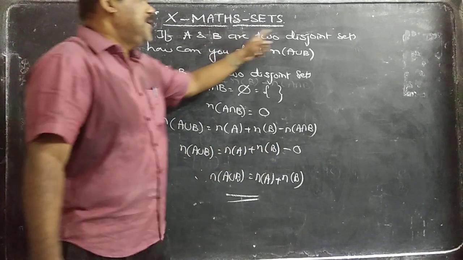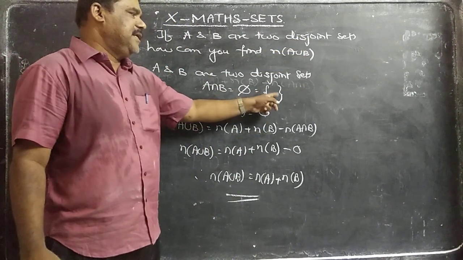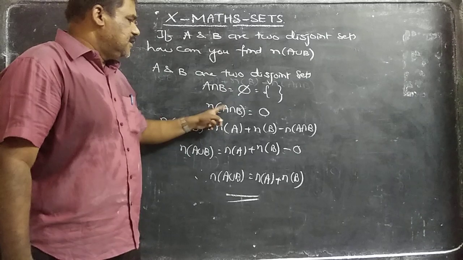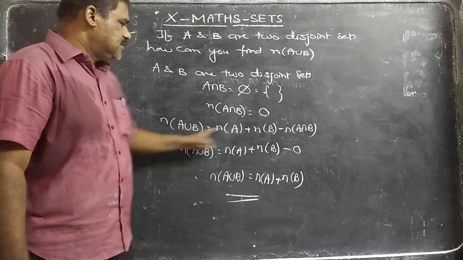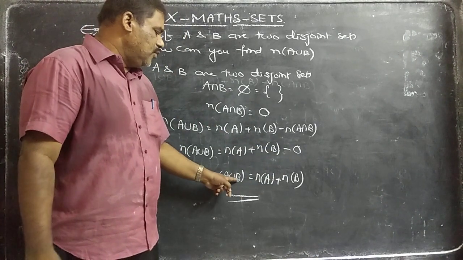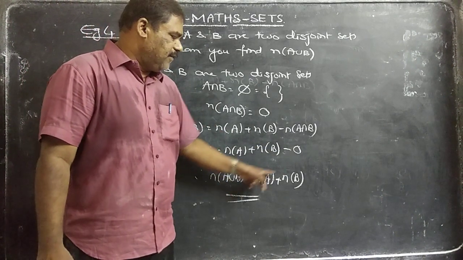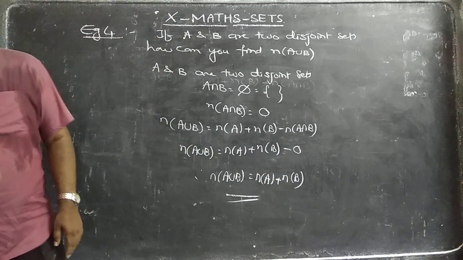So if A and B are 2 disjoint sets, then their A intersection B is empty set. If it is empty, there is no element in that. N of A intersection B is 0. So in this formula, if you substitute 0 here, we will get n of A union B is equal to n of A plus n of B.